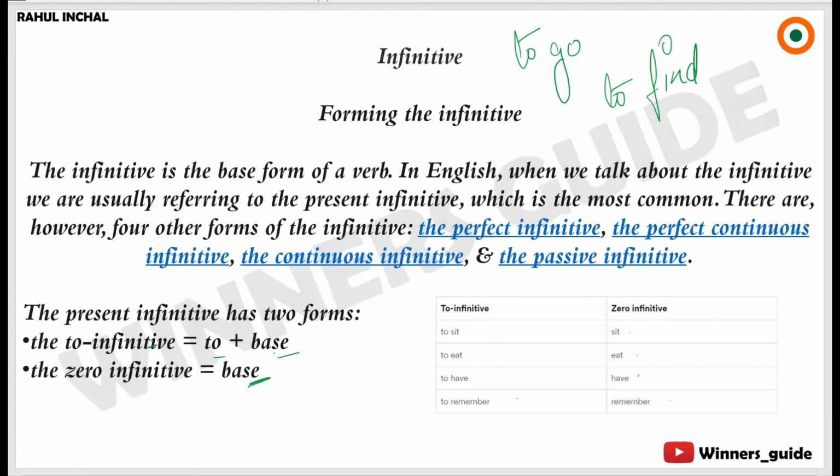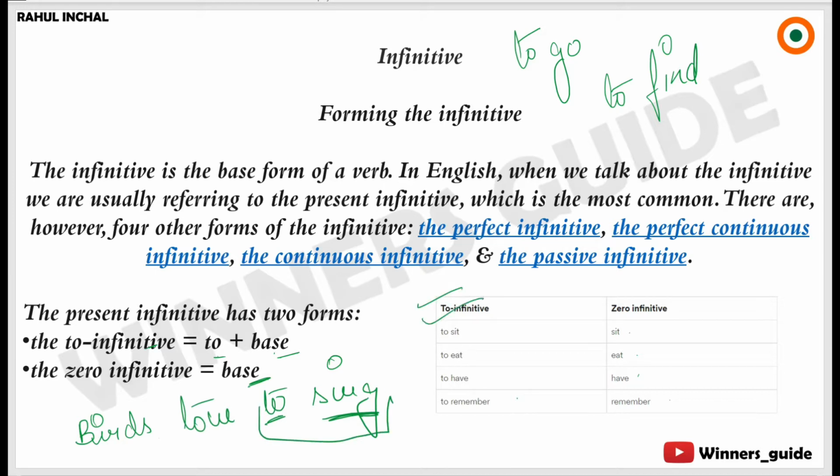Now let's look at one of the examples that I just read out for you. Birds love to sing. The word sing is the base here, and to is obviously there, so to infinitive is equal to to plus base. Now look at this table to understand it more clearly.